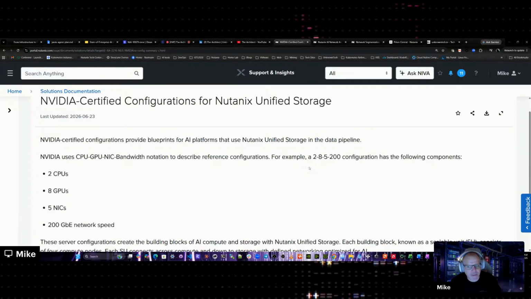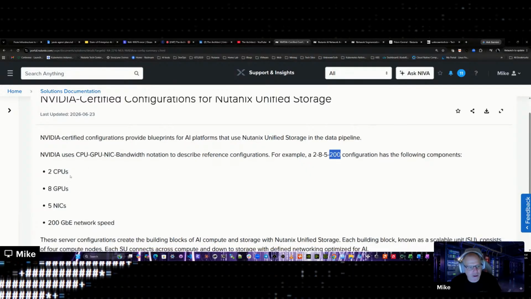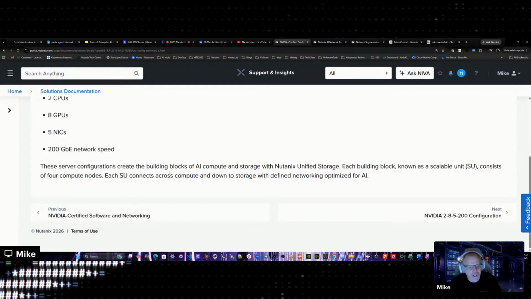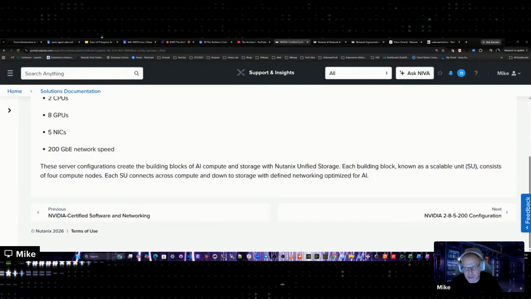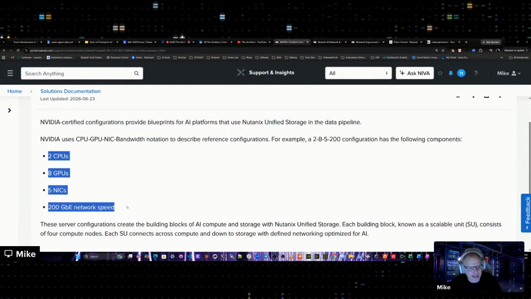Remember, we talked about these NVIDIA CPU, GPU, NIC, bandwidth notations that NVIDIA uses. 2-8-5-200 means 2 CPUs, 8 GPUs, 5 NICs, 200 gig networking. These server configurations create the building blocks of AI compute and storage with unified storage. Each building block, known as a scalable unit, consists of 4 compute nodes. So you'll see 4 of these is a scalable unit.